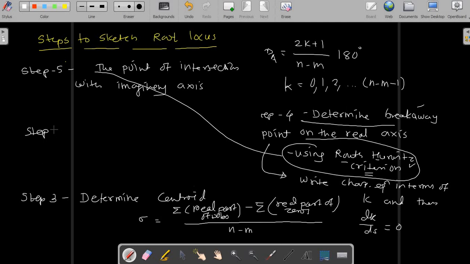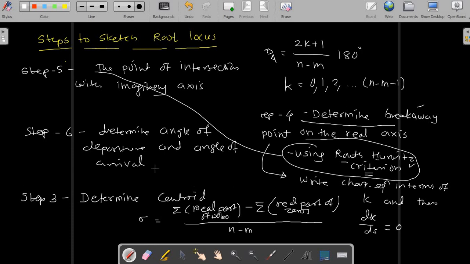And next step, step 6, is to determine the angle of departure and angle of arrival.